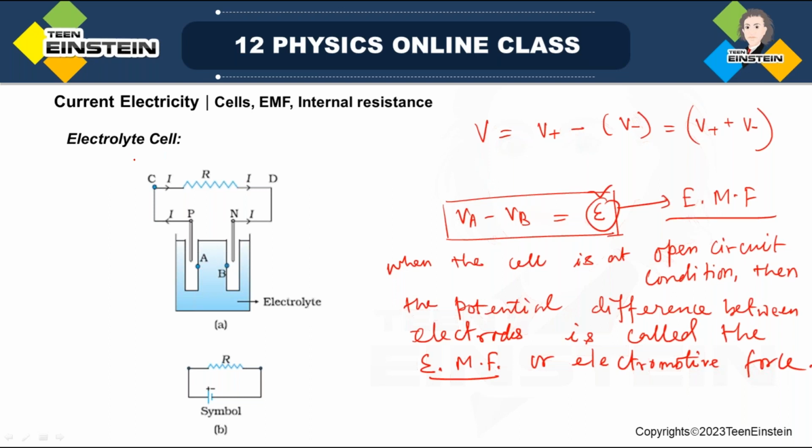First of all, I forgot to tell you why we need this electrolyte cell or any kind of cell. A cell is required to get an uninterrupted flow of current.